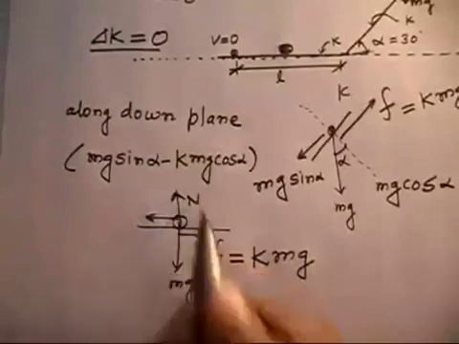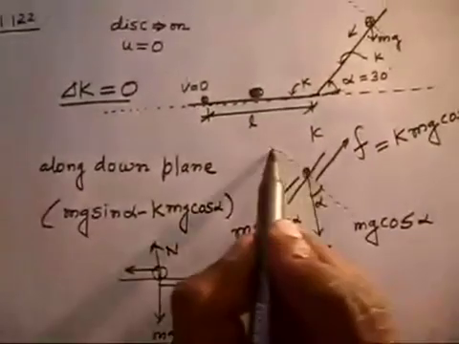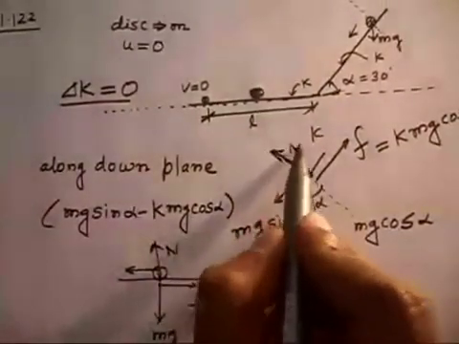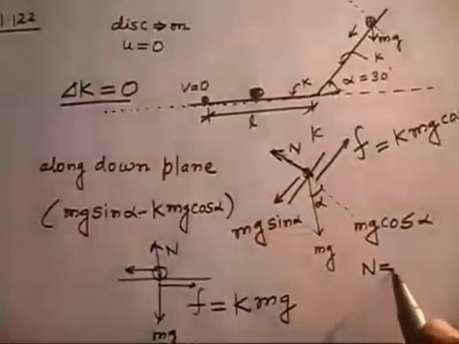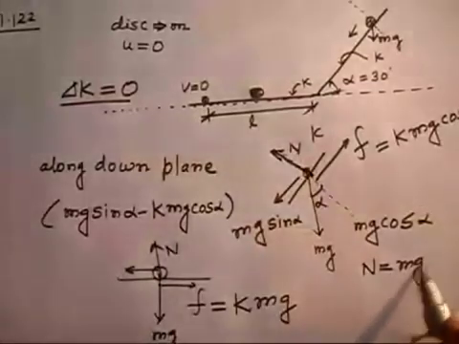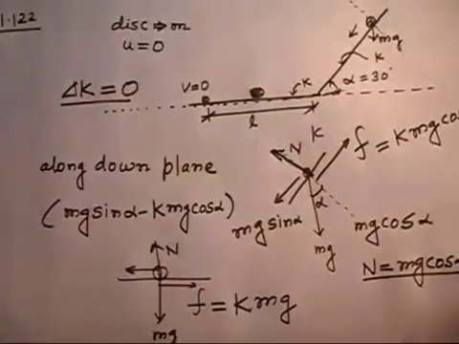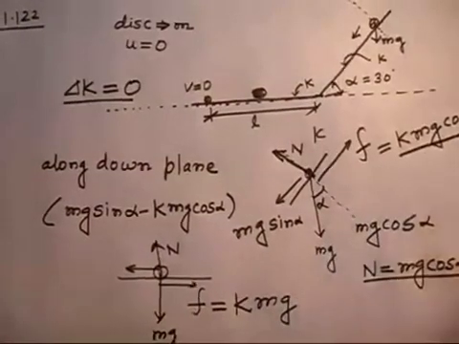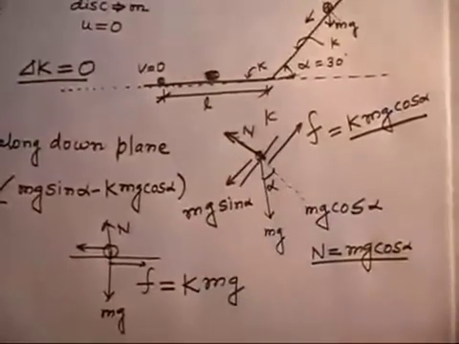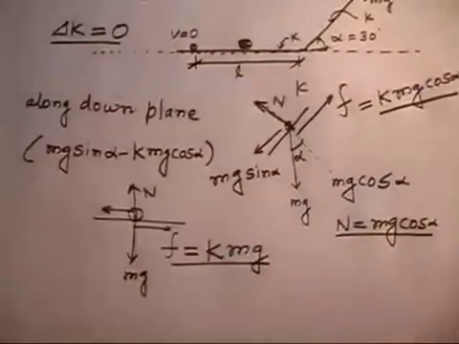In this case the normal reaction is mg. In the previous case the normal reaction is mg cos alpha, and that's why we took the friction force as kmg cos alpha. Are you getting or not? In this case the friction force is simply kmg.